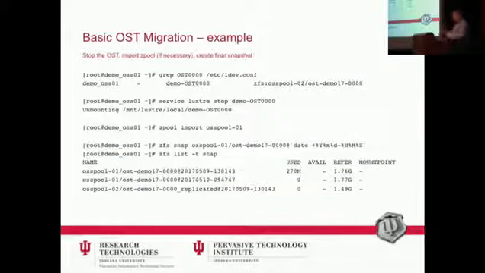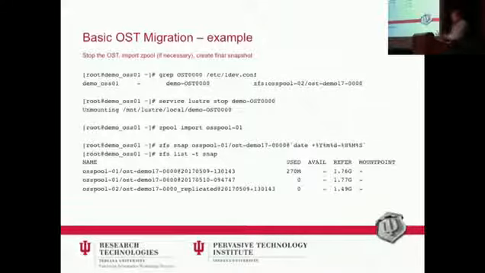Once you've gone through all these incremental snap, send, receive, deletes, and you've got your timing down as far as it takes X number of minutes or X number of hours, on average, to get this OST from the source to the destination, you can plan for your final synchronization.